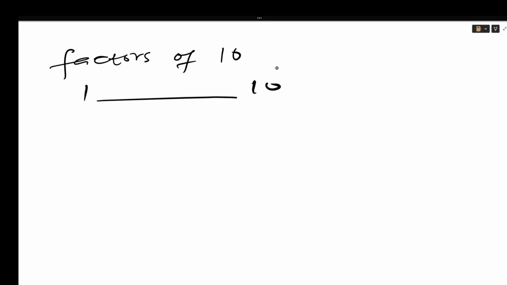Now, an interesting trick to find the factors of a number is that it's like a hill. The extreme ends of the hill are the 1 and the number itself. Here, the number itself is 10.